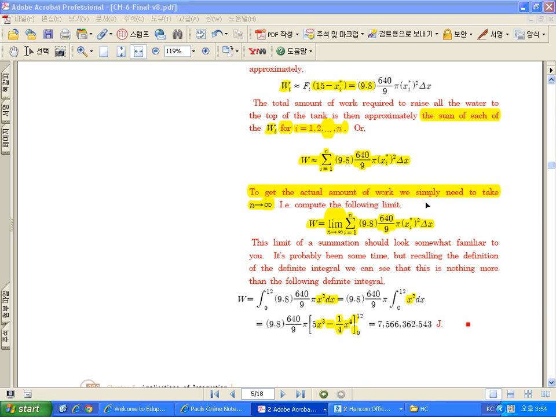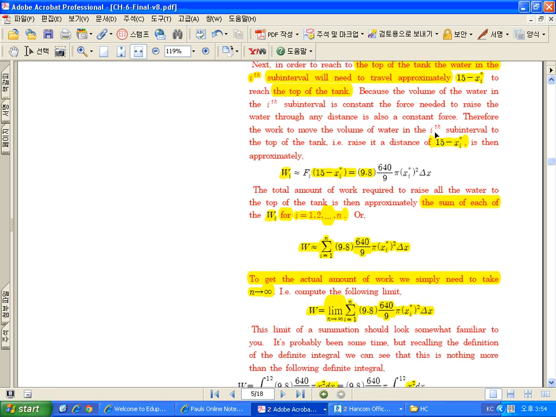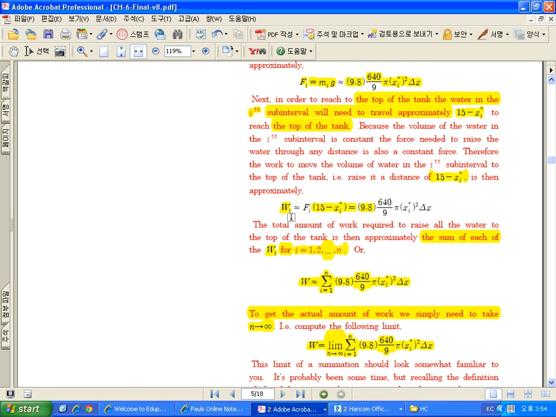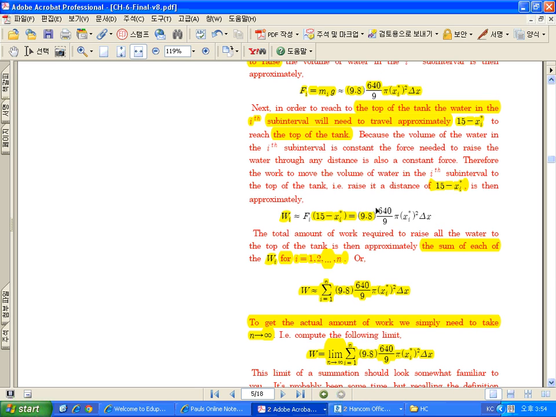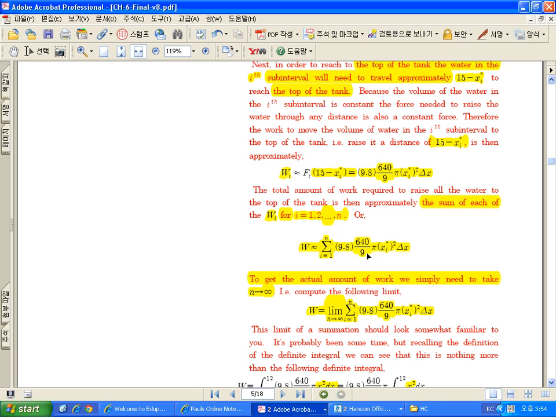As we see here, Wi is Fi times 15 minus xi star, and W is the limit summation of this times 15 minus xi star.